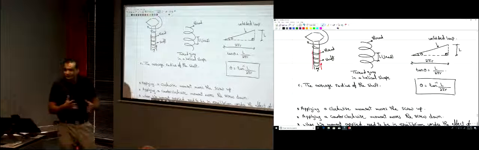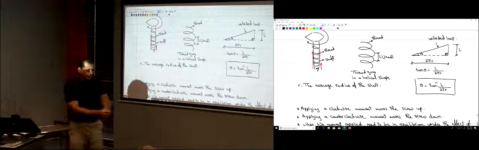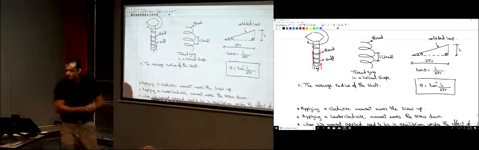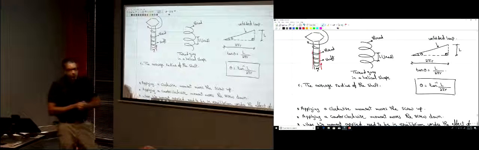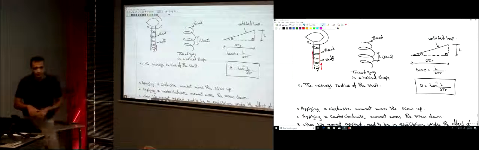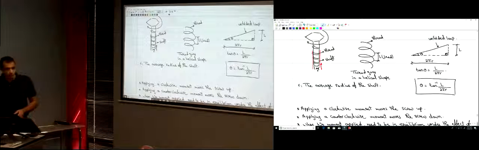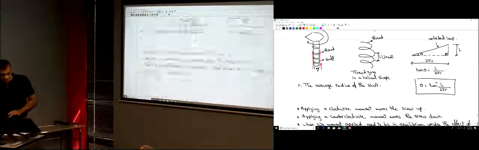Why? Because it was tightened so hard. So now we want to see how much moment is required to start this motion, whether to move it up or down. We want to find this formula.